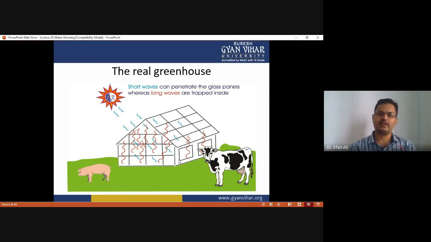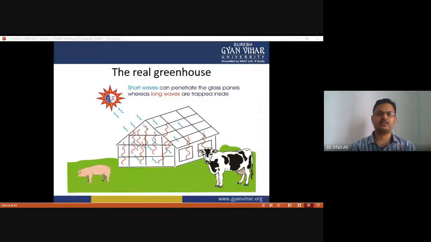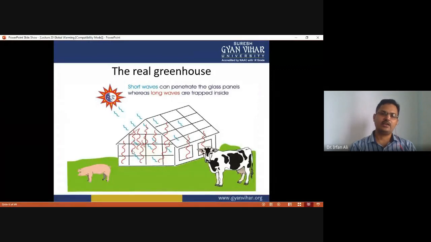This is an example showing how this happens. This is a chamber, or a small area covered by a glass panel. Short waves can penetrate the glass panel, whereas long waves are trapped inside, which is responsible for the increase in temperature. Like in a polyhouse, we can see that the temperature is slightly higher than the outer atmosphere.